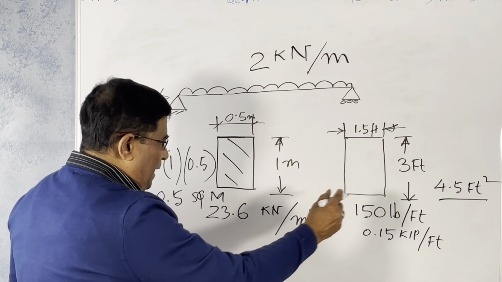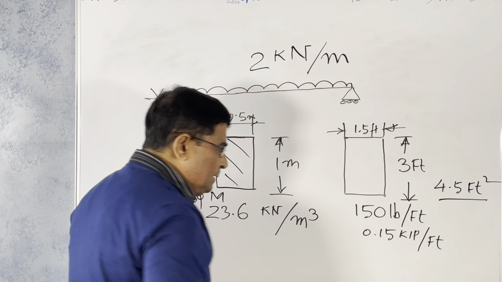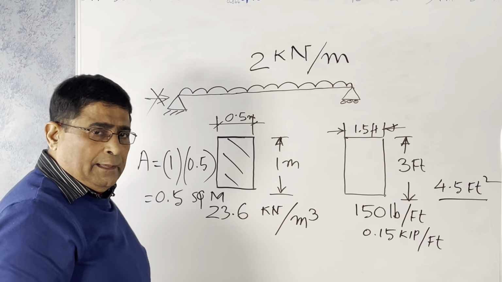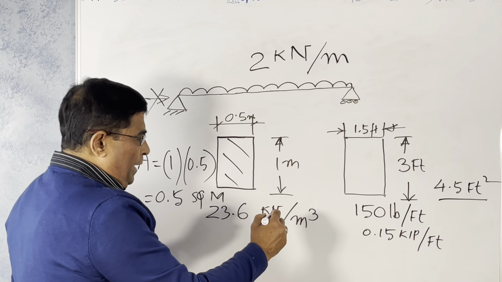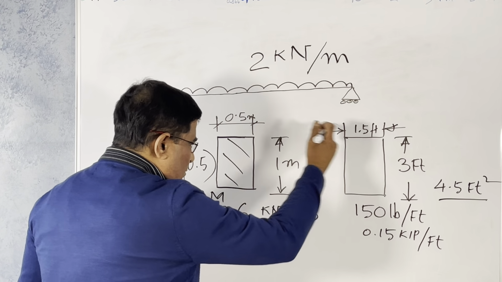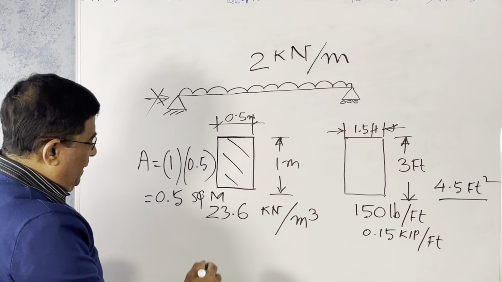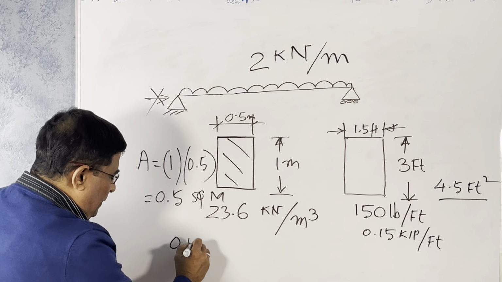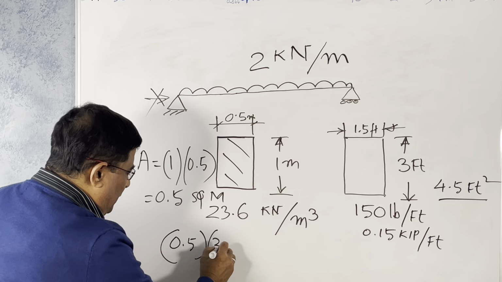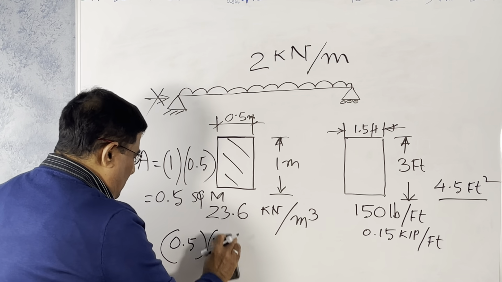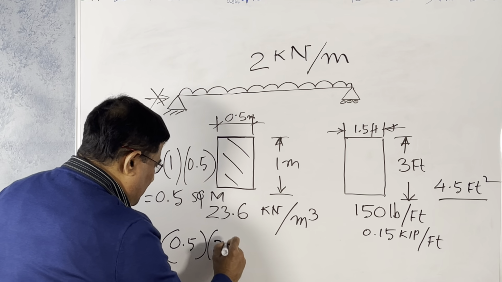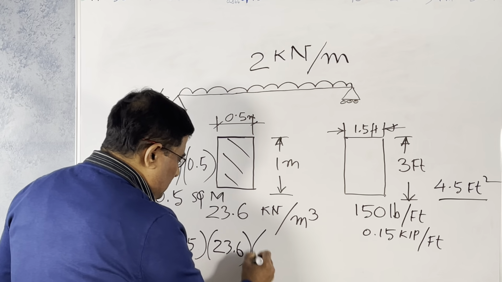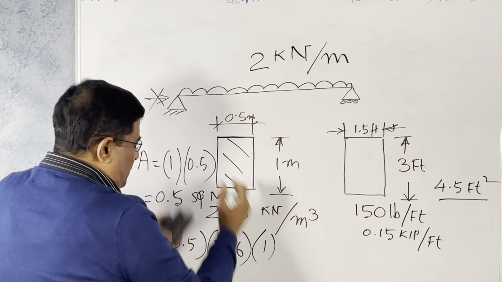If you multiply the area by your unit weight, that will give you the weight per length of the section, and here it is 0.5 times 23.6, again multiplied by 1 meter. That is, 1 meter is considered.